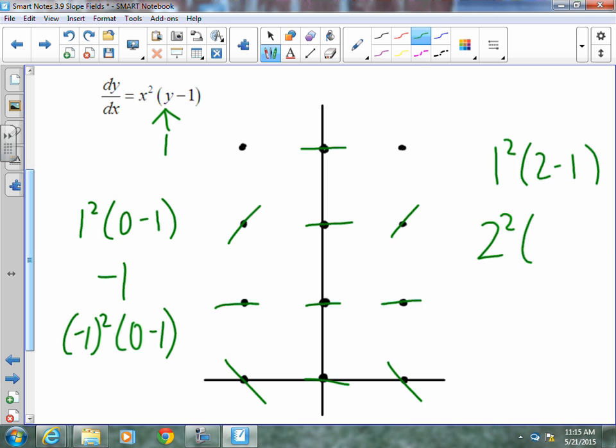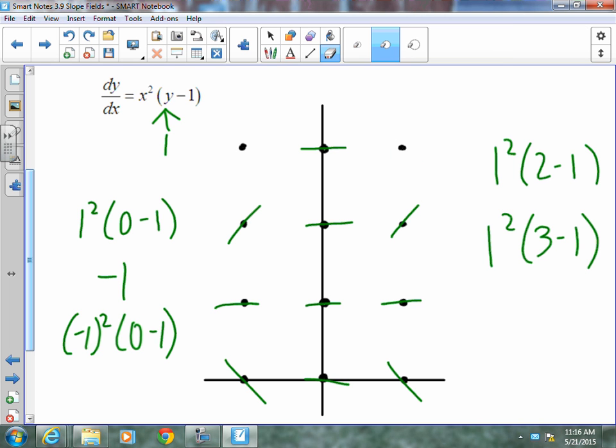For 1, 3, this point here, 1 squared times 3 minus 1 is a slope of 2. Same thing we're going to get over here with a negative 1 squared. So there is our slope field.